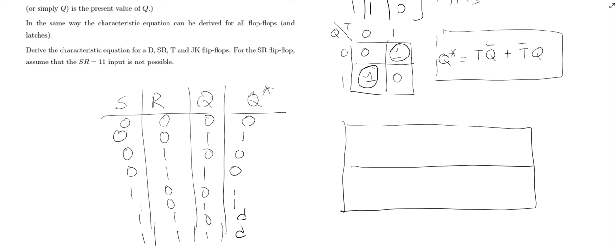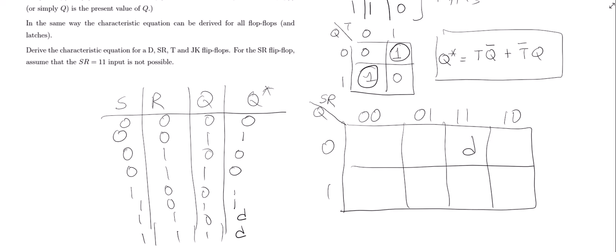So we'll do a Karnaugh map. 0, 0, 0, 0, 1, 1, 1, 0, and 0 and 1. And let's see, I have don't cares in 1, 1, 0 and 1, 1, 1, so that's right here and right here. And I have zeros in 0, 0, 0 and 0, 1, 0.